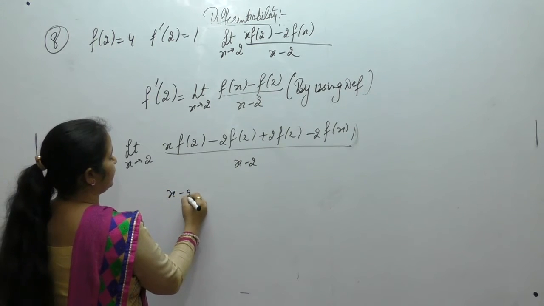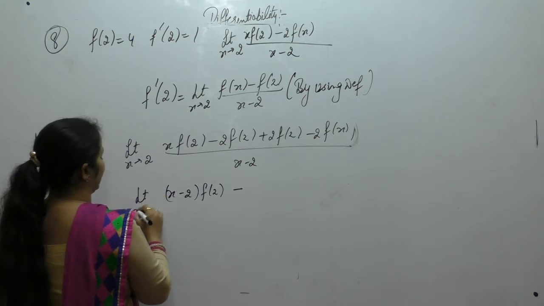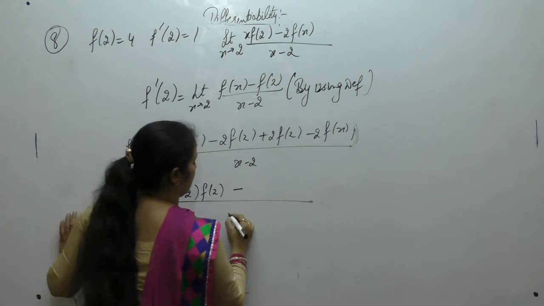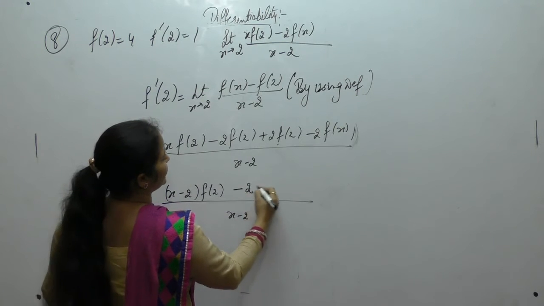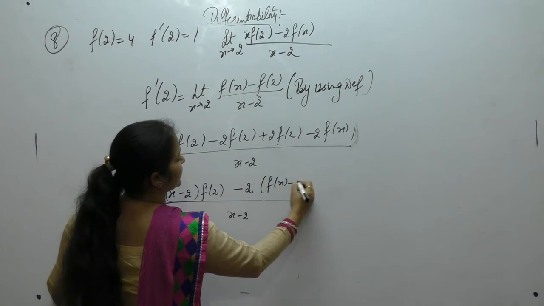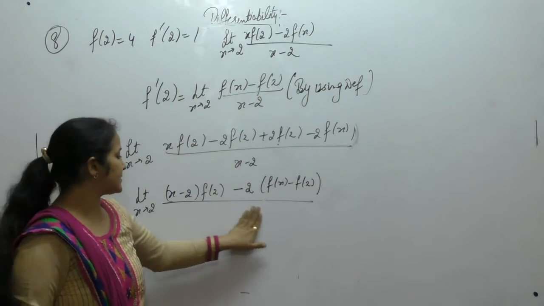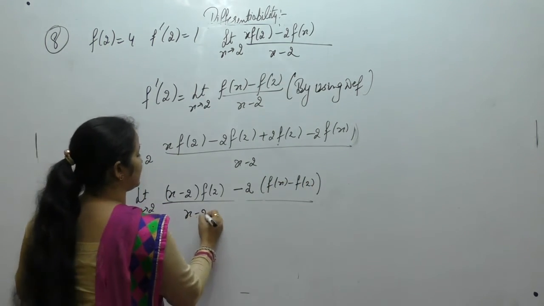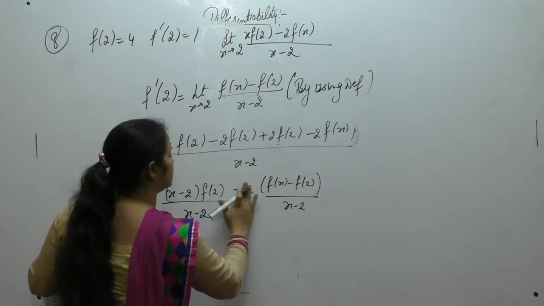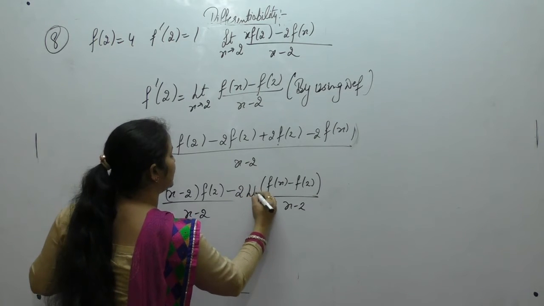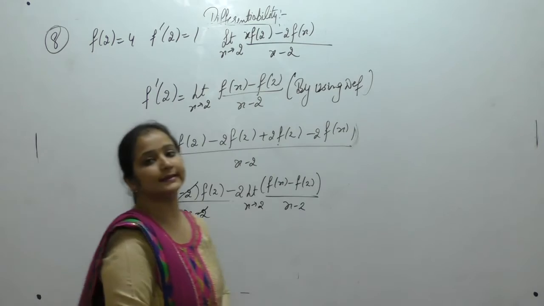So take f of 2 common from here, so x minus 2 f2 limit x tends to 2 upon x minus 2, take 2 common, minus 2 common, f of x minus f of 2. We can separate these terms, so we can write it as x minus 2 upon x minus 2 minus 2 limit x tends to 2. x minus 2 will get cancelled here.